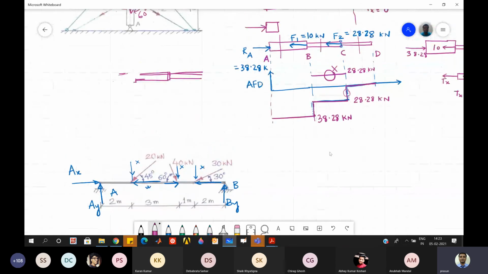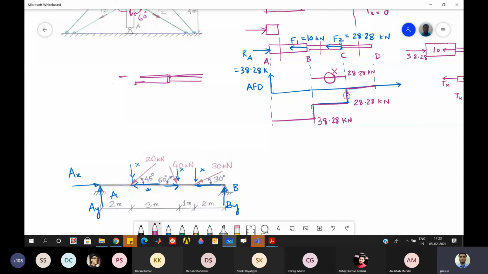You can see the rear end of the arrow is indicating the point of application of the force. So that way you can show, sometimes people also use differently. This force can also be shown this way.